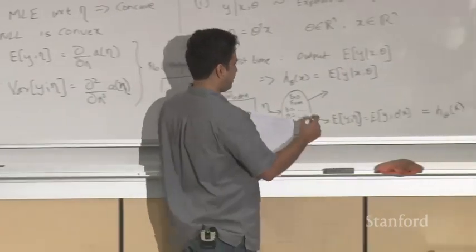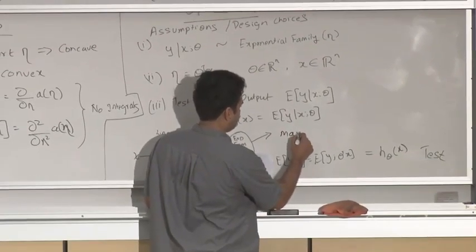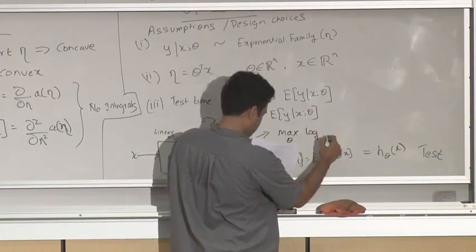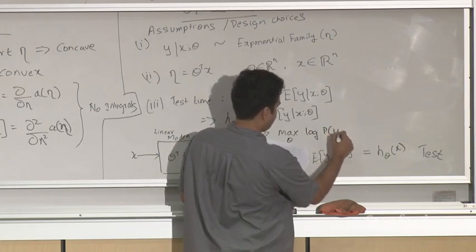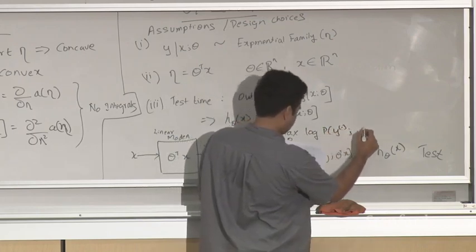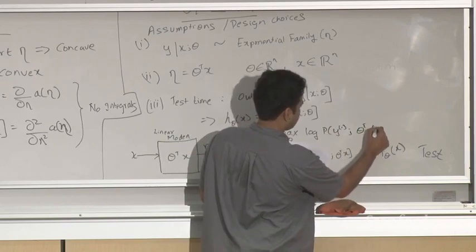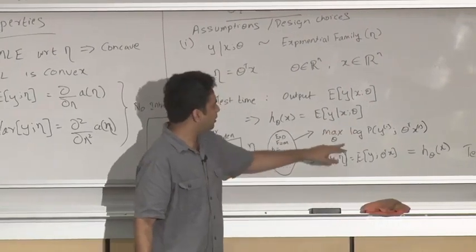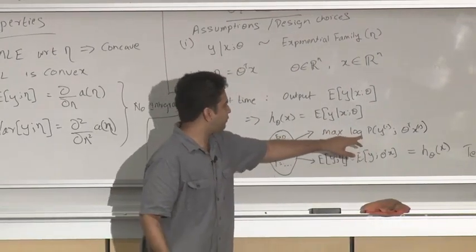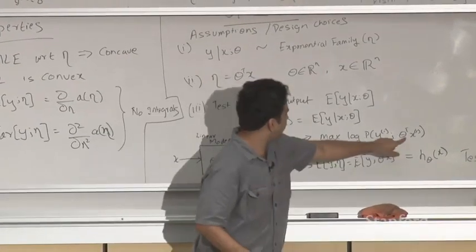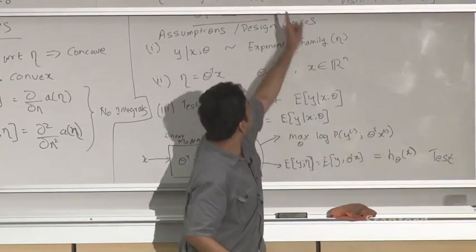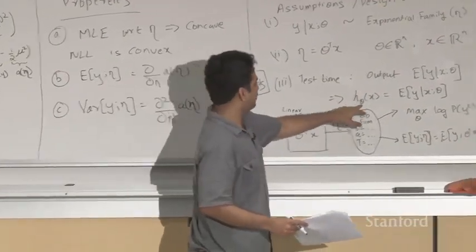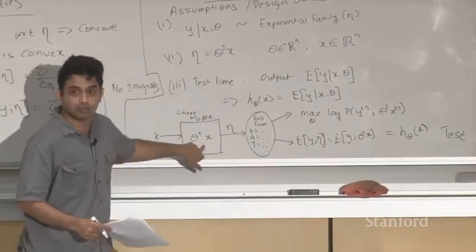So during learning, what we do is maximum likelihood: maximize with respect to theta log p of y^(i) given x^(i). So we are doing gradient ascent on the log probability of y, where the natural parameter was reparameterized with a linear model, and we are taking gradients with respect to theta.